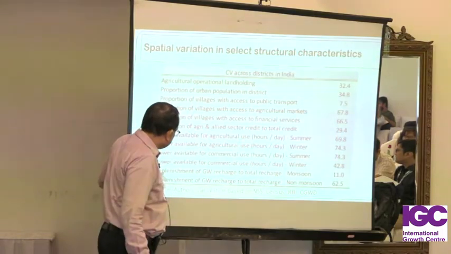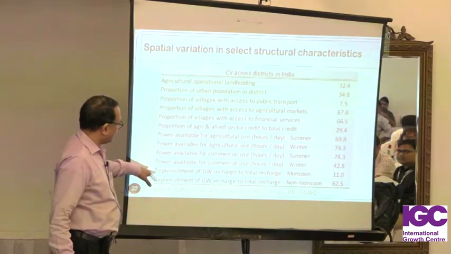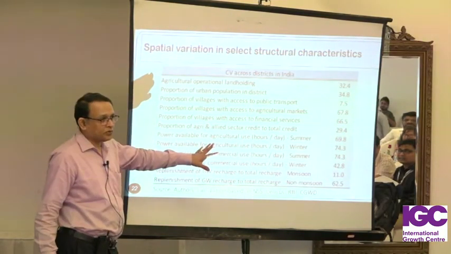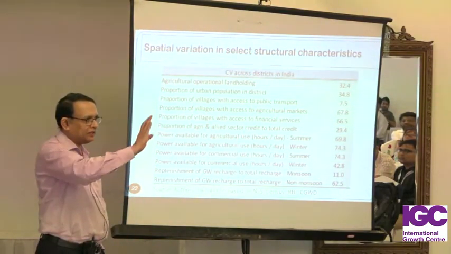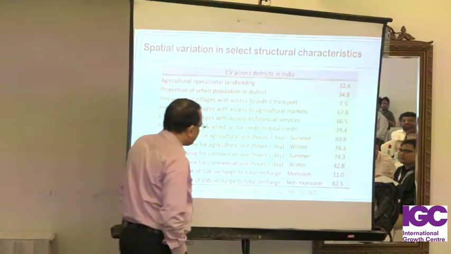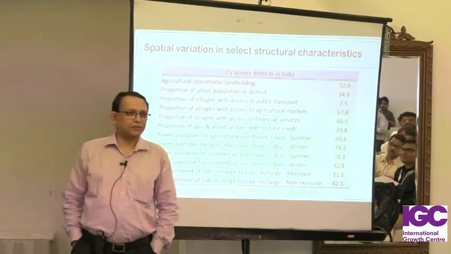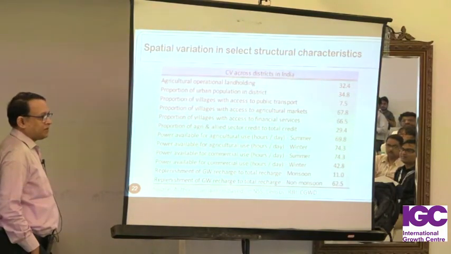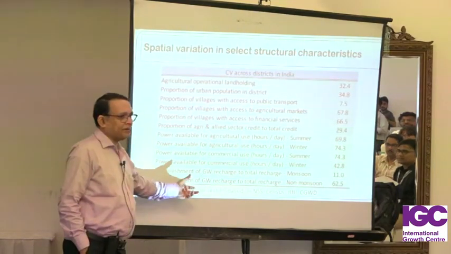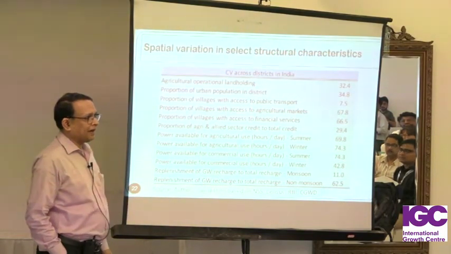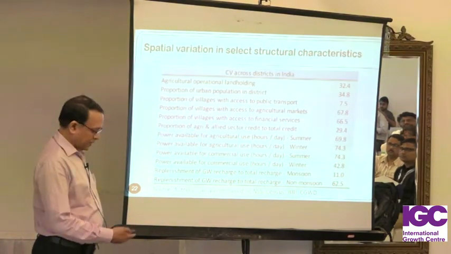And this is God's hand, groundwater recharge during monsoon. That's also not a major problem. Whereas in the non-monsoon season, the recharge is a problem, 62.5% CV. This is where all the pumping happens in the non-monsoon season, and then we are depleting the water. We are just mining it away.